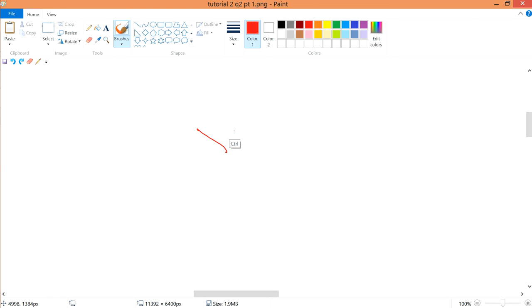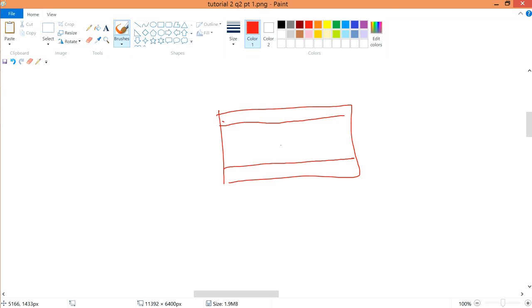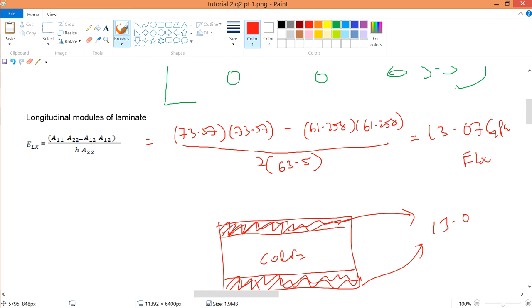So if you come back here, this is the faces, this is the core. So you have found the Young modulus of these 2 faces. Then I'll just color it now. So these are the Young modulus for these 2 faces, which is 13.07 GPa.